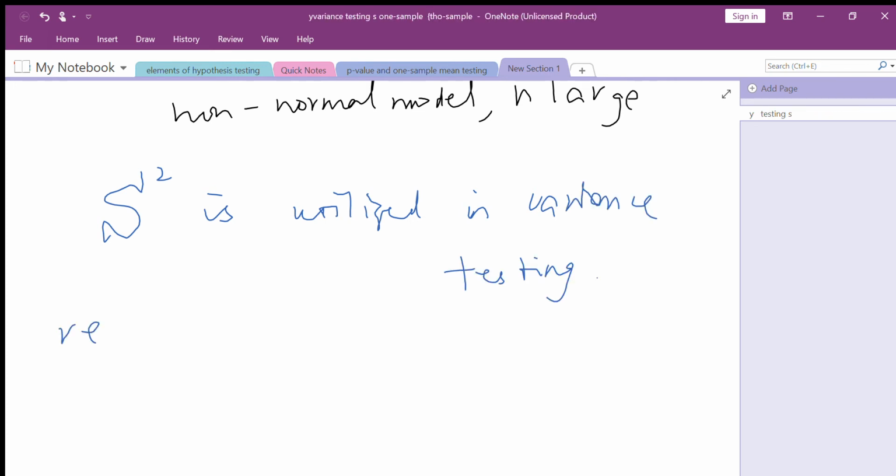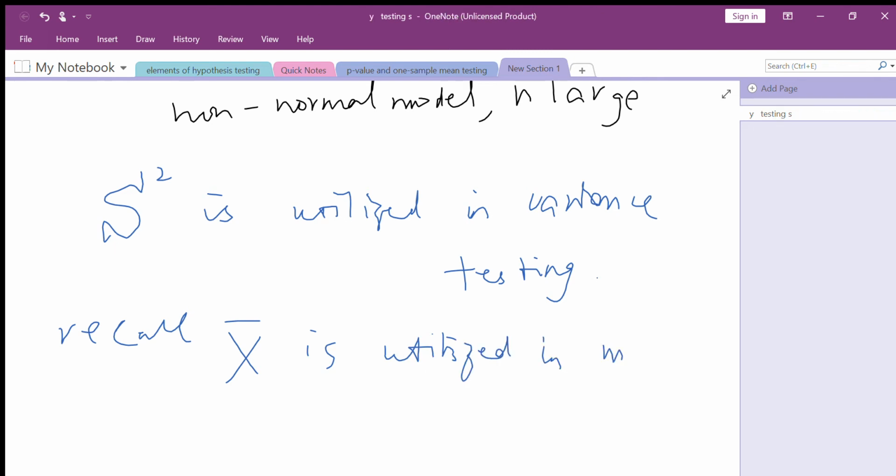Recall, sample mean x bar is utilized in mean testing.